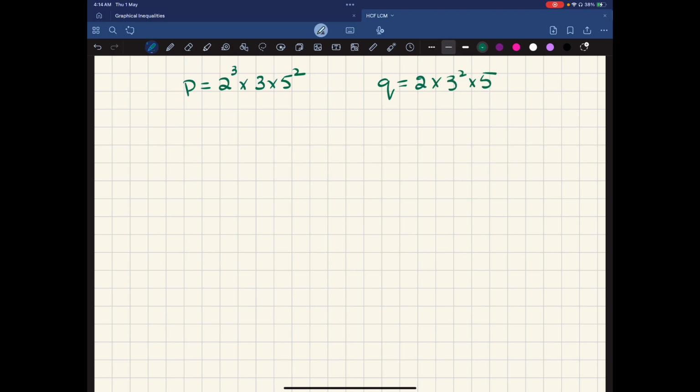Okay, so they're saying find the highest common factor of P and Q. For that, what I'm going to do is write P in expanded form and Q right below it.